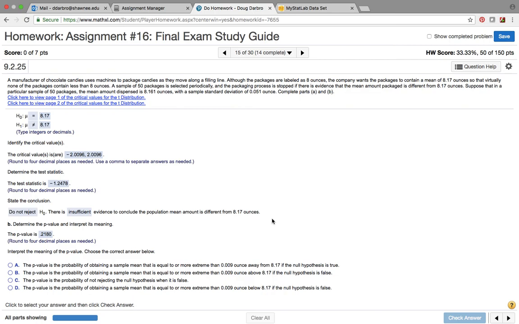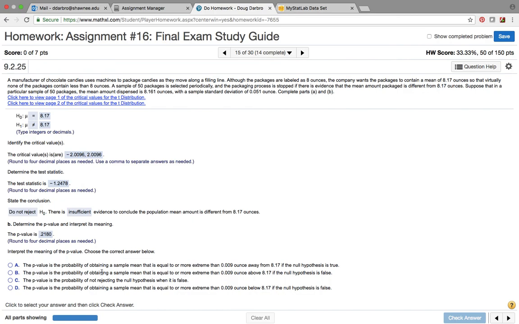Interpret the meaning of the p-value. So the p-value is, if the null hypothesis is true, the probability of obtaining a sample mean that is equal to or more extreme than 0.09 ounces away.